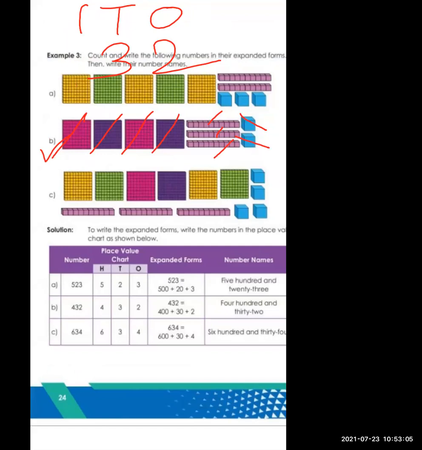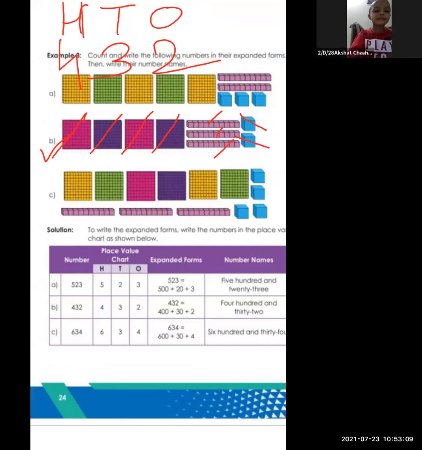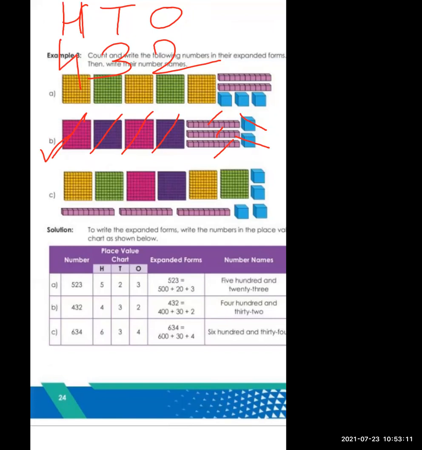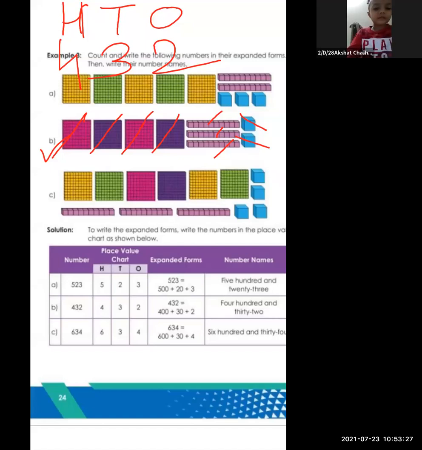Yes, 432. So how can we read this number? 400, 3 tens, 2 ones. And the same number we can write in words. 432.